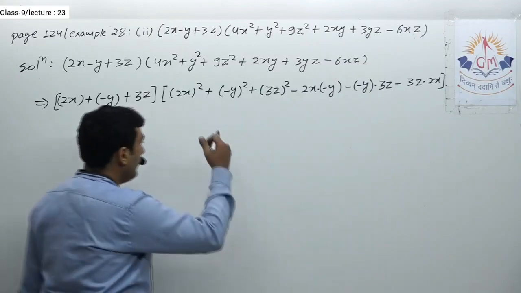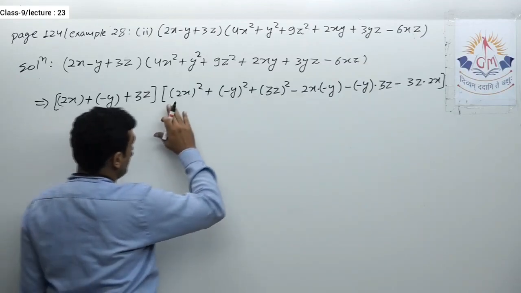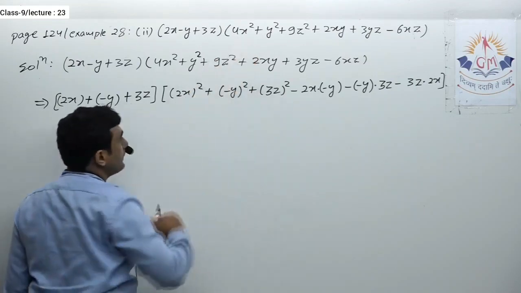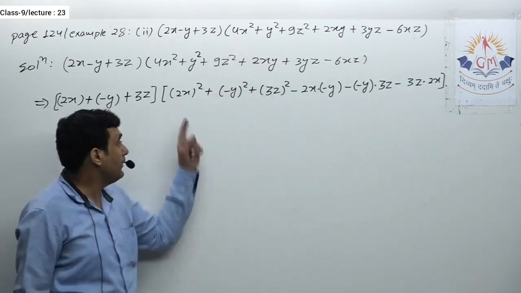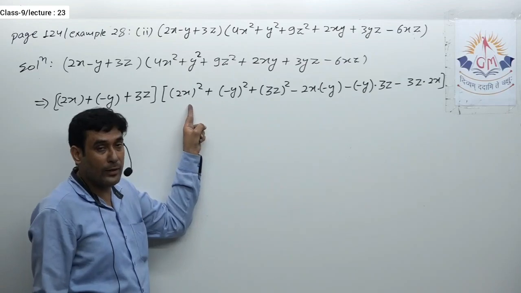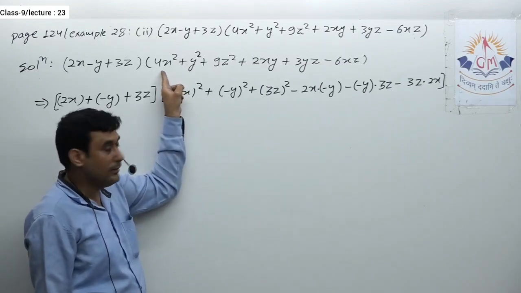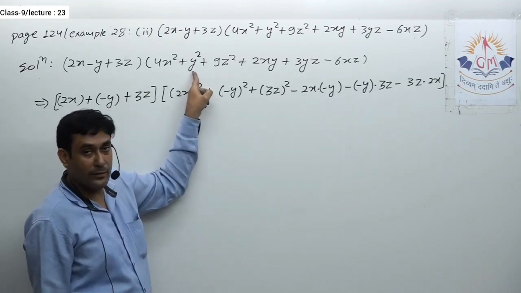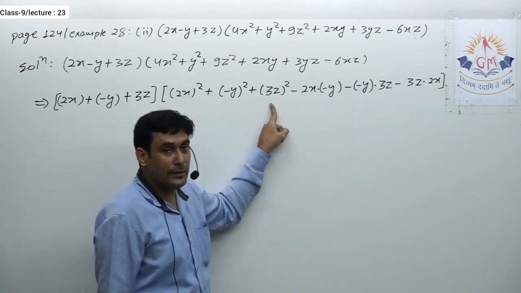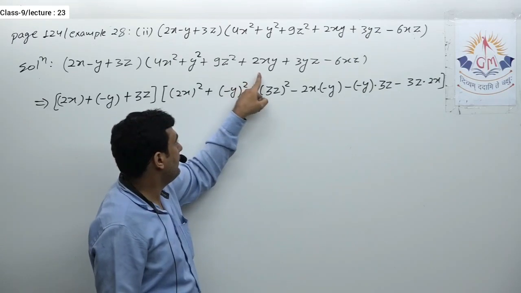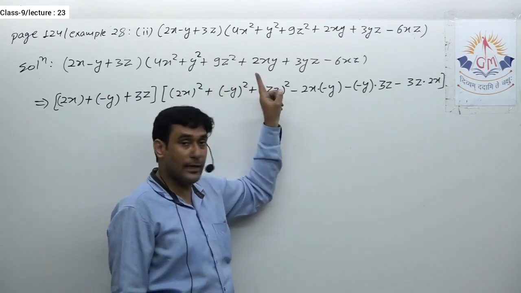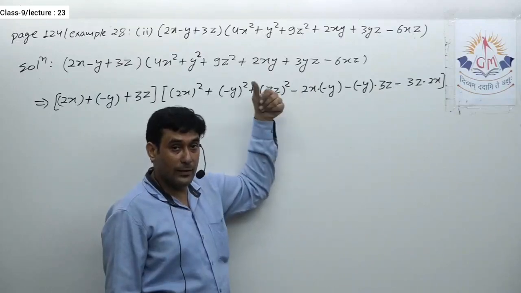Now before I proceed, I definitely check whether these 6 terms are the same as the terms given in the question or not. That means if I make 2x whole square, do I get 4x square? Yes. If I make minus y square, do I get y square? Yes. If I make 3z whole square, do I get 9z square? Yes. Now if I multiply these two, I should get 2xy in the previous term.